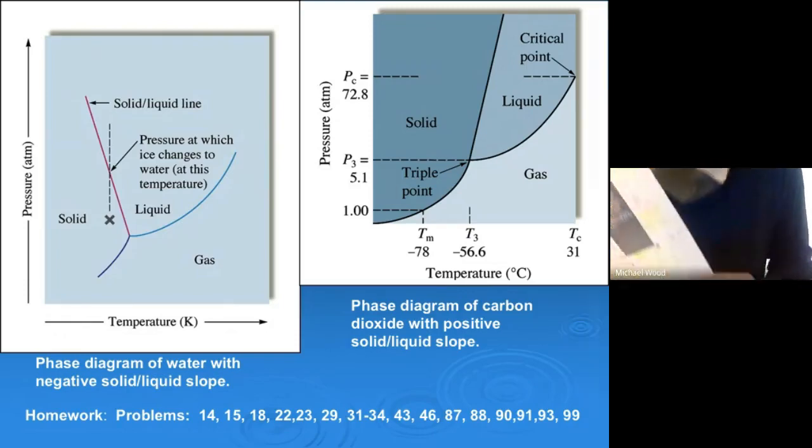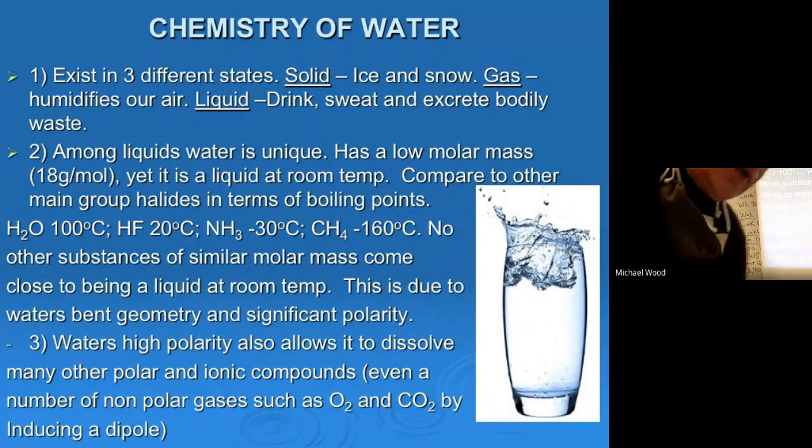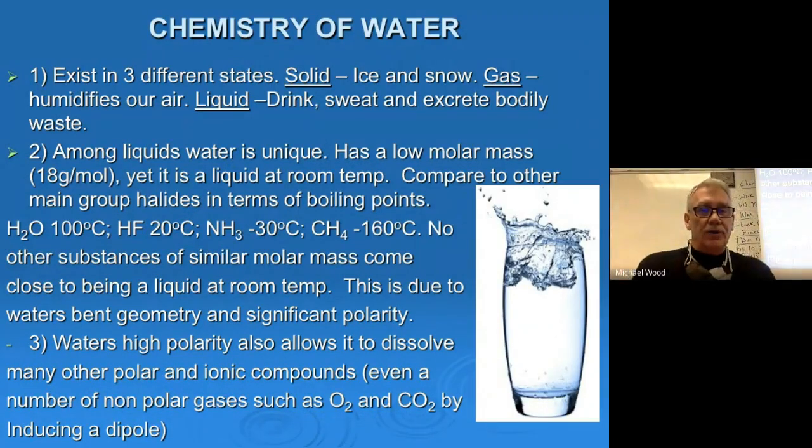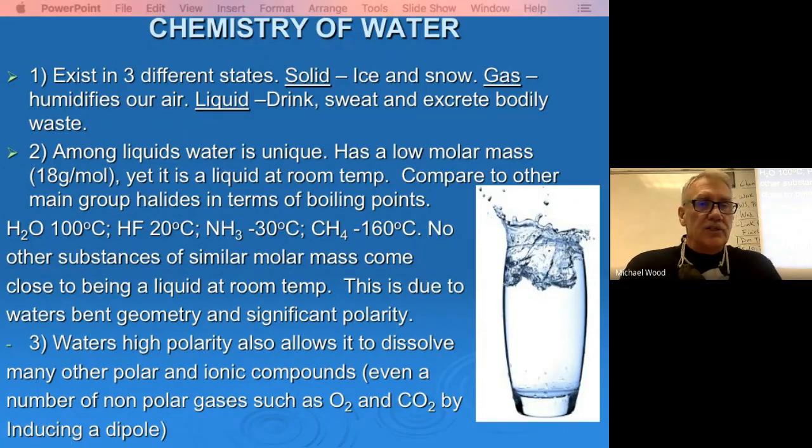Okay, and then the final thing in this chapter, I just want to spend a minute on. I always find this kind of fascinating, that just about water, all the different things with water, it exists in 3 states.